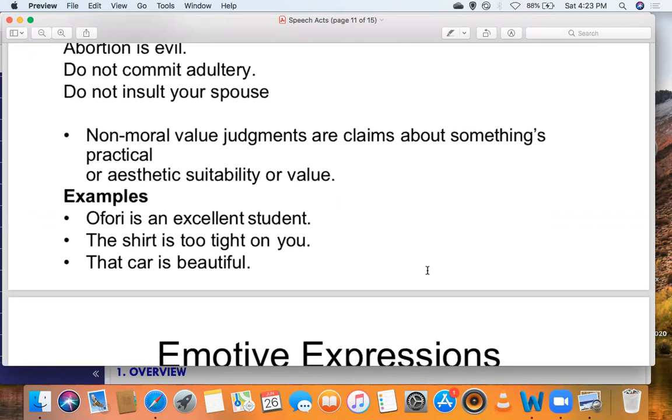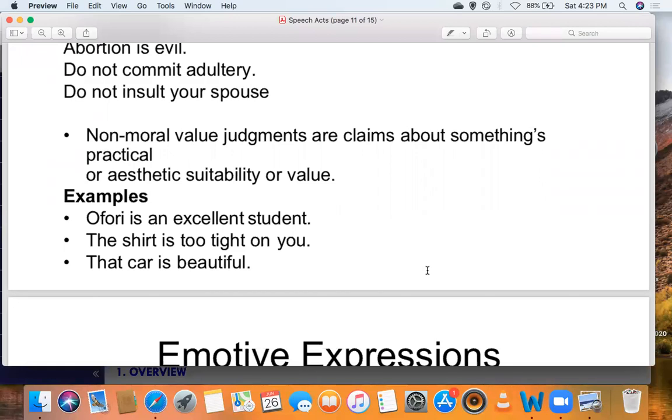Let's see these examples. Ofori is an excellent student. Now, excellence is not a moral value, but excellence is a value that we cherish a lot, even though it is not a moral value. To be hardworking is not also a moral value, but we cherish it. To be productive is not a moral value, but we cherish it.